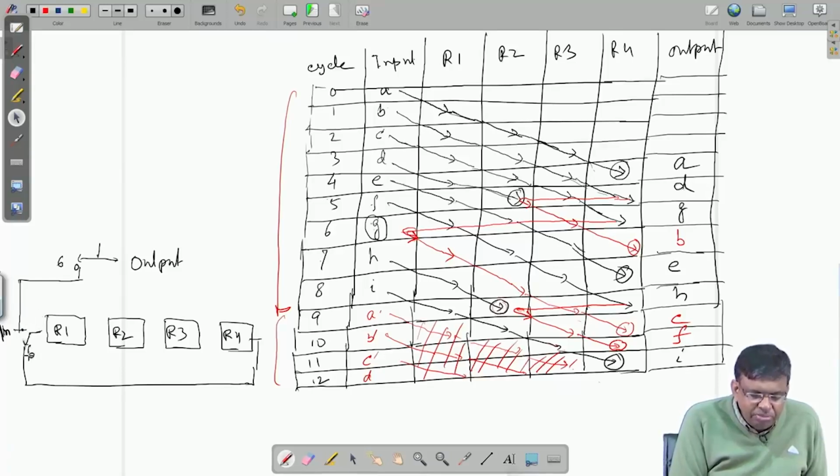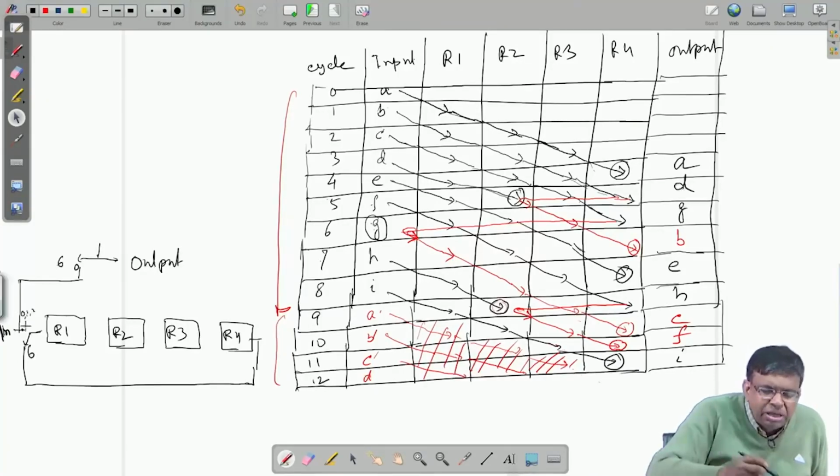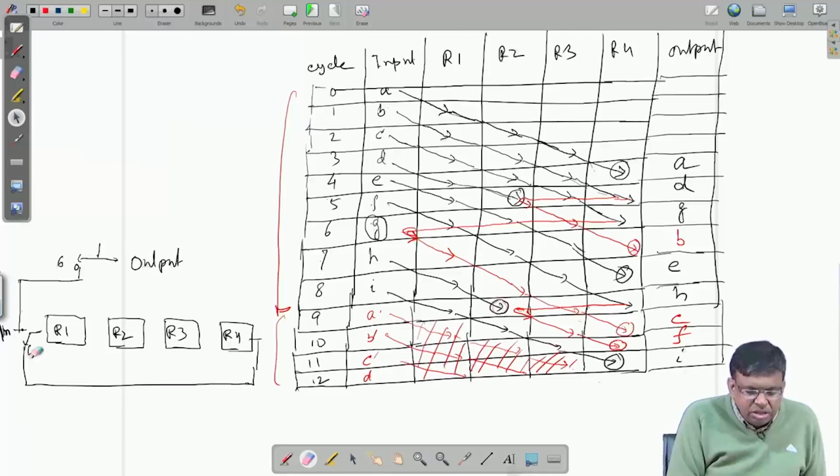I am not writing them, or maybe for your sake I write 0, 1, 2, I mean there is no space. So, I am orally telling you at cycle 6 R1 input touches this line, at all other cycles, that is 0, 1, 2, 3, 4, 5 and then 7, 8, it touches this one. This is the meaning of it.